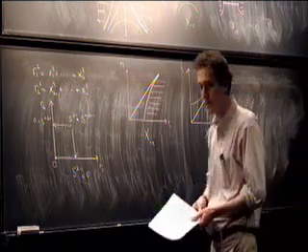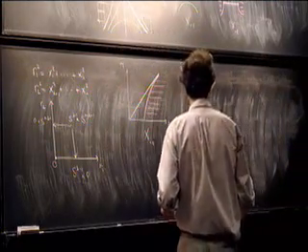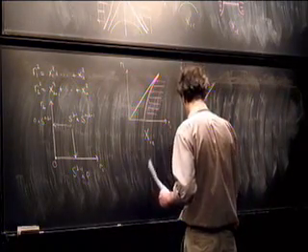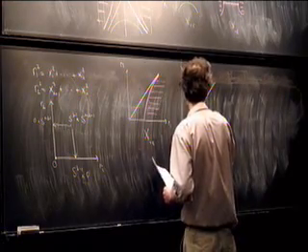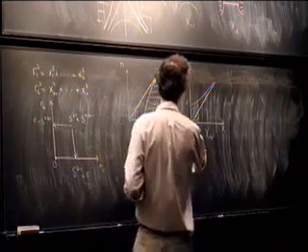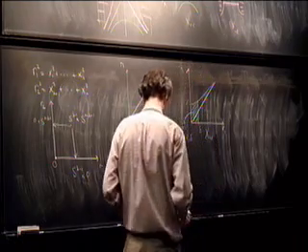Okay, and now what I want to do is I want to cut out a region. So we have epsilon here. I'm going to cut out a region like this, with some delta here. And so the blue region here, I'll call C sub epsilon delta.